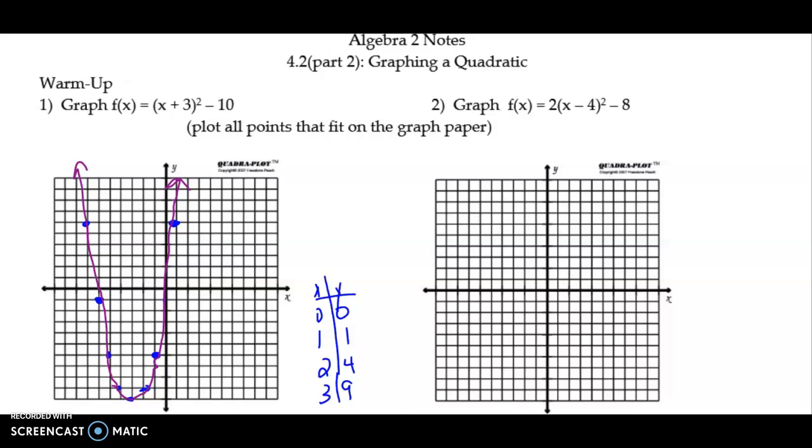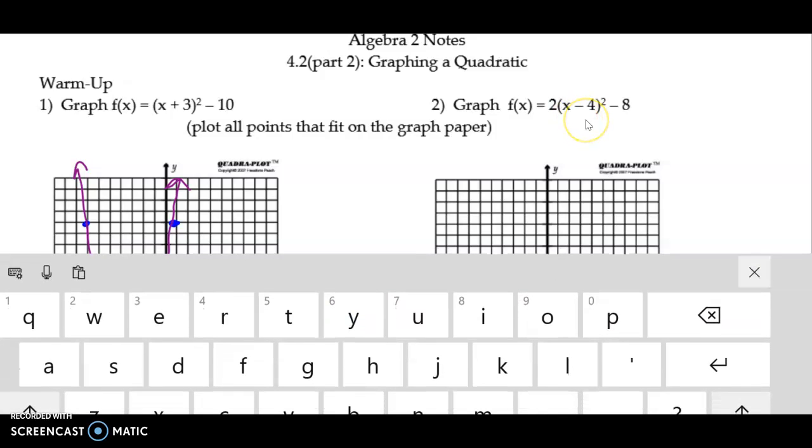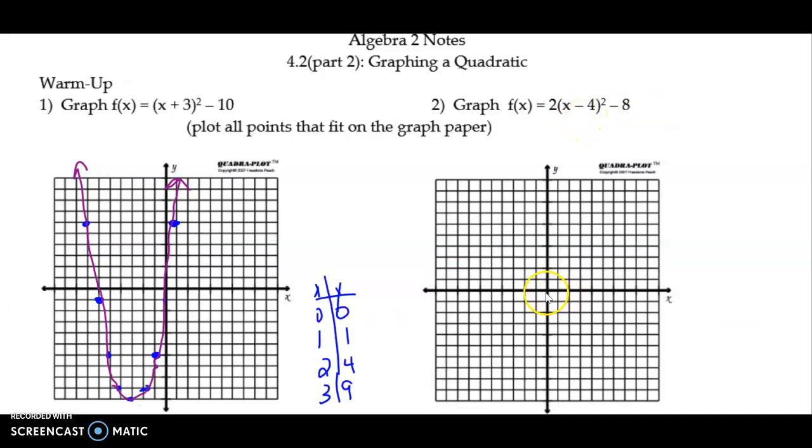Number 2, the vertex starts at +4, -8. So 4 and then down to 8. But for the second one, since there's that vertical stretch of 2, the 1 squared, instead of being 1, you end up needing to double it.